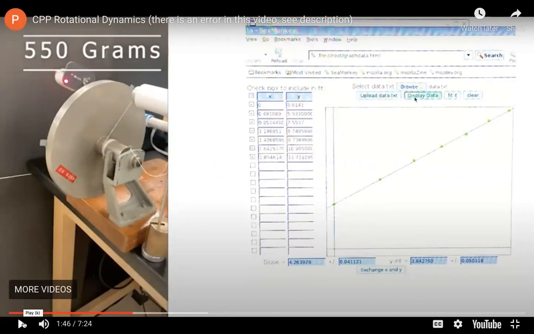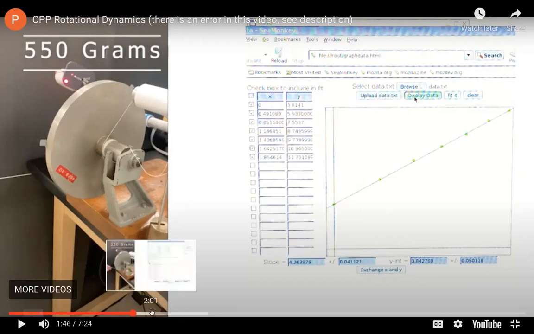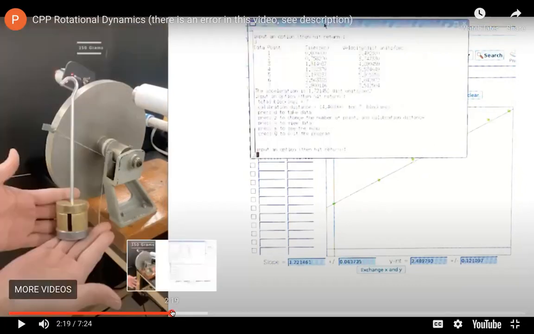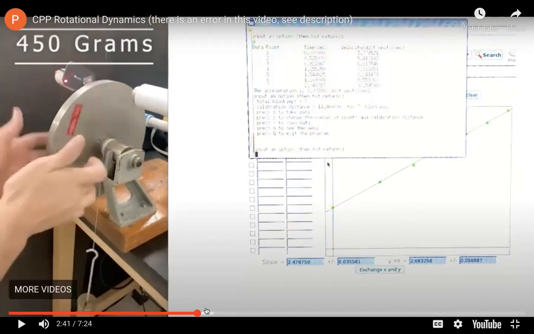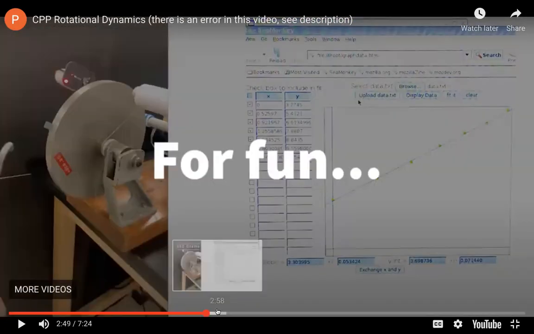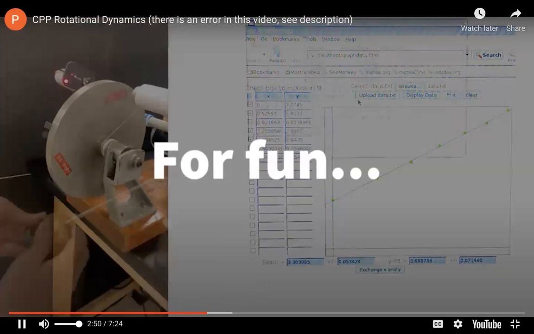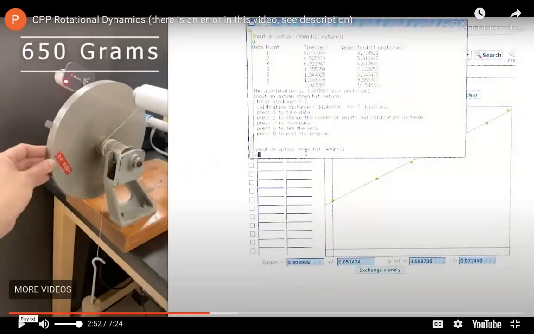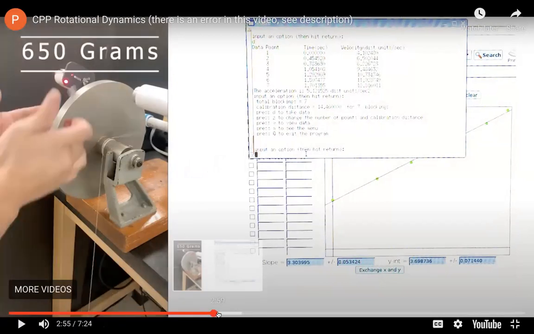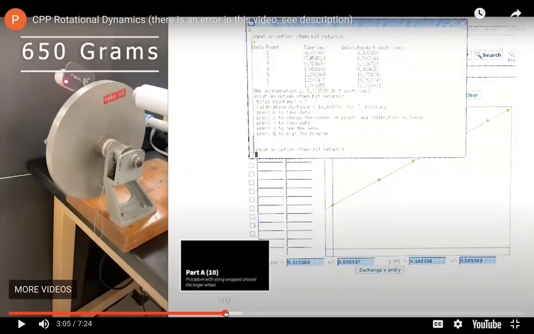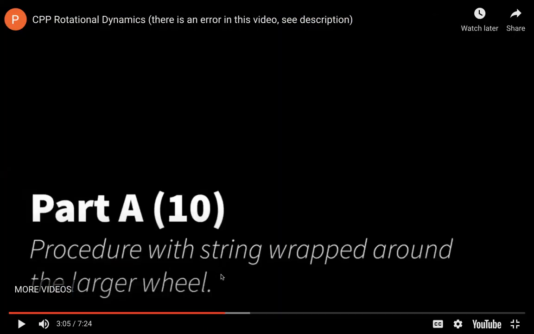So you will continue to do this for all of these different masses. Eventually they did one for fun. So that is 0.65 kilograms, and then you will also get your slope for that. And eventually they did something when you don't hang mass at all. So let's see. Part A10 you ignore, okay? So we don't do any of that. Ignore all of that.